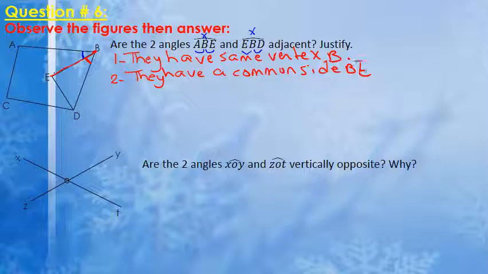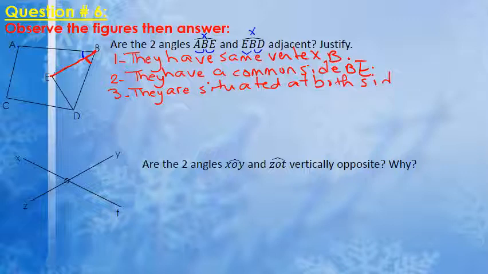The third condition, they are situated on both sides of their common side. This is the common side. We have one angle above the common side and one angle below the common side. So they are situated at both sides of their common side.